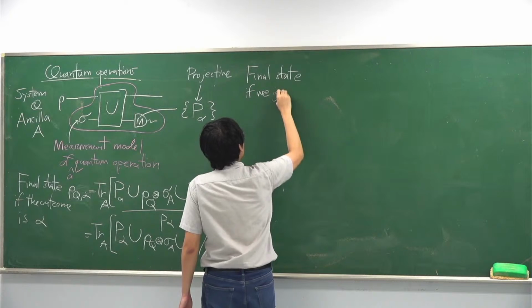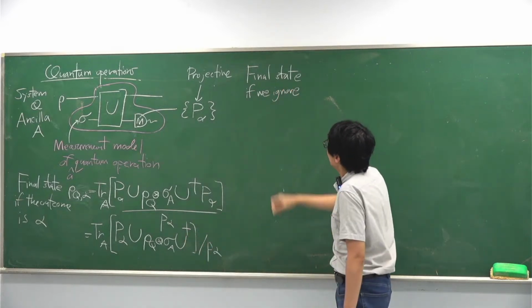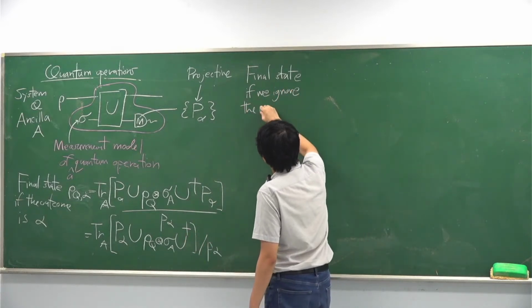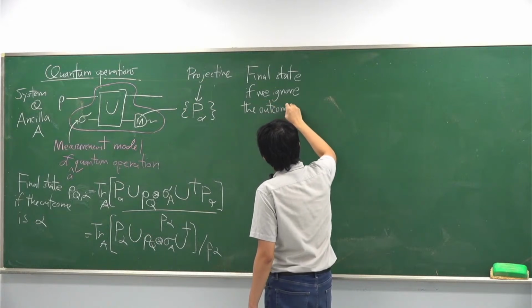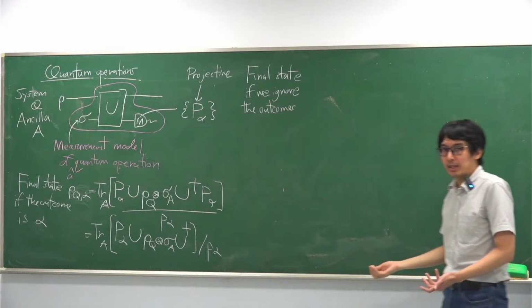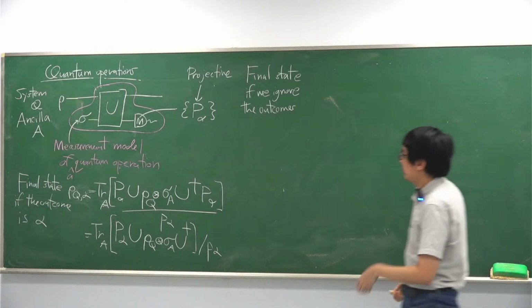But if we ignore the measurement outcomes, we must average over all the outcomes here.